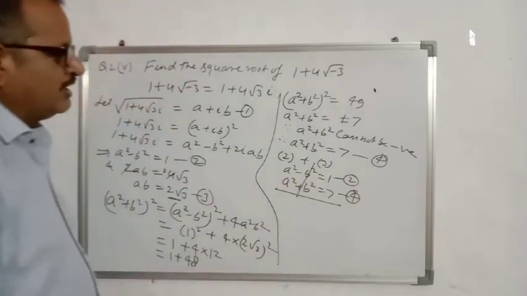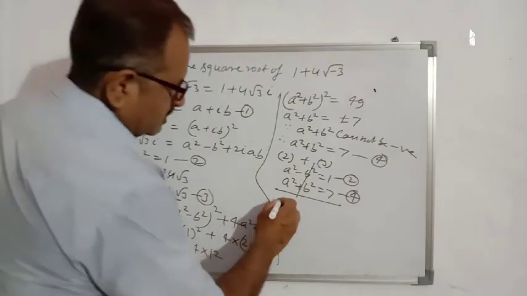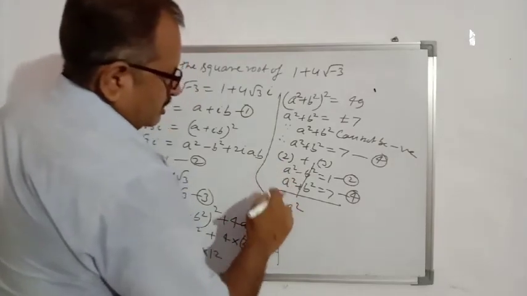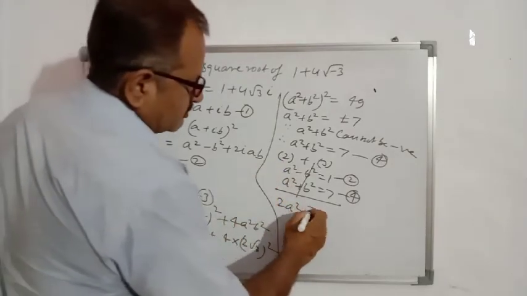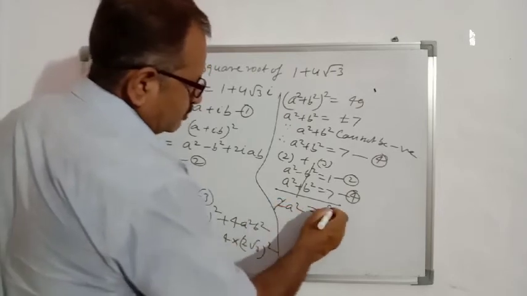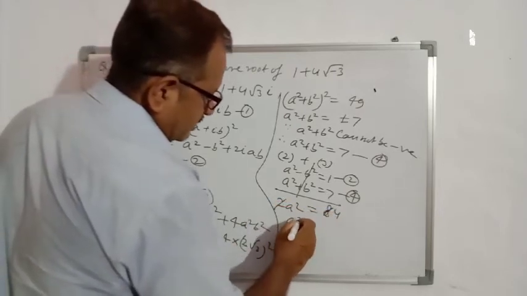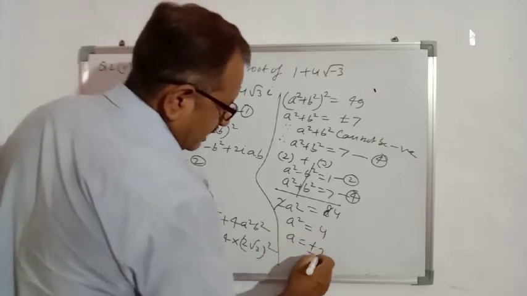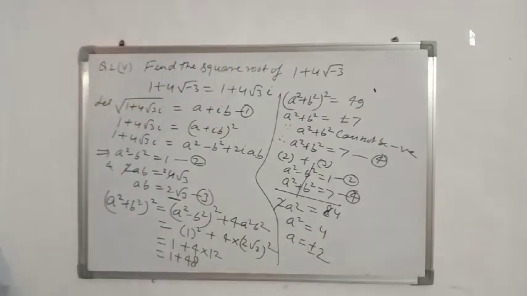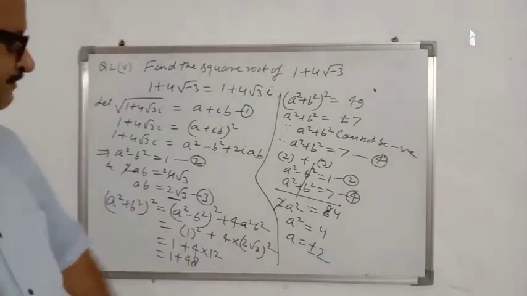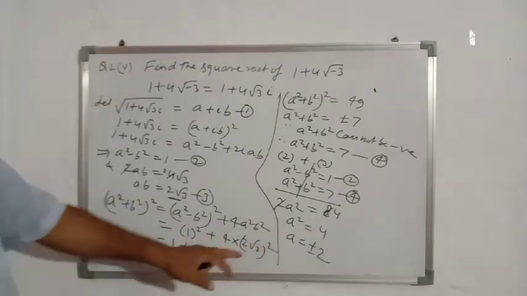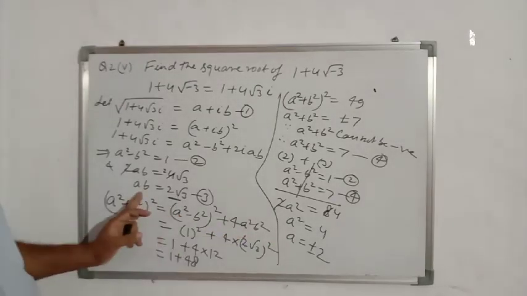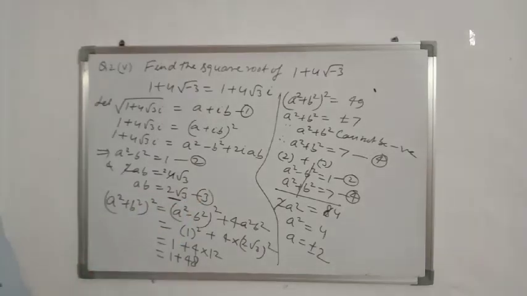The plus b square and minus b square cancel. a square plus a square is 2a square, and 7 plus 1 is 8, so 2a square is 8. So a square is equal to 4. What will be a? Plus minus 2. We will put this value of a in equation number 3.